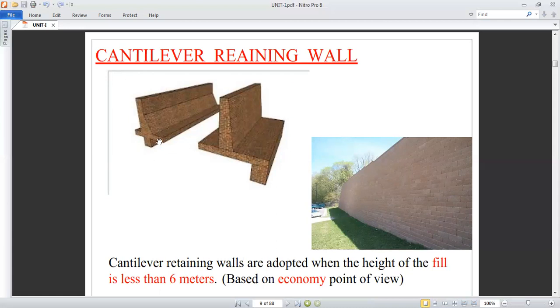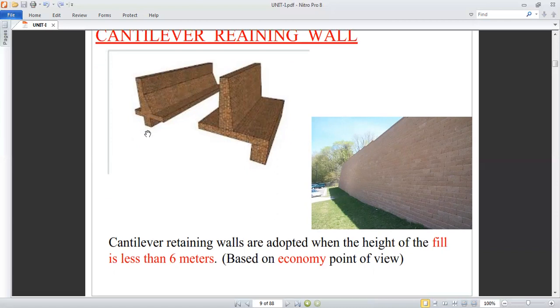In the picture, the first one is the inverted T cantilever, and the second one is the L-shaped cantilever. This retaining wall is adopted when the height of the fill is less than 6 meters, on the basis of economy.